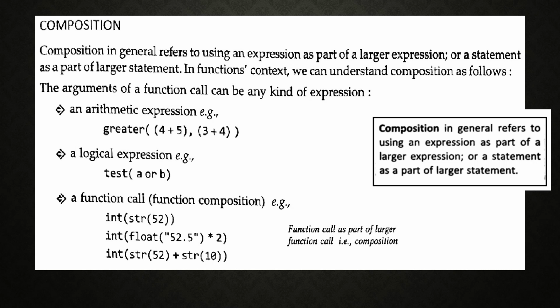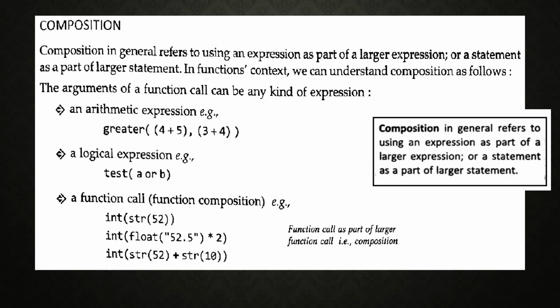A function call, actually it is a function composition: int of str of 52, and the next statement int of float 52.5 into 2. Here str of 52 is of integer type, and the integer type of float 52.5. So what happens here is data type conversion takes place, so it will take 52 only.